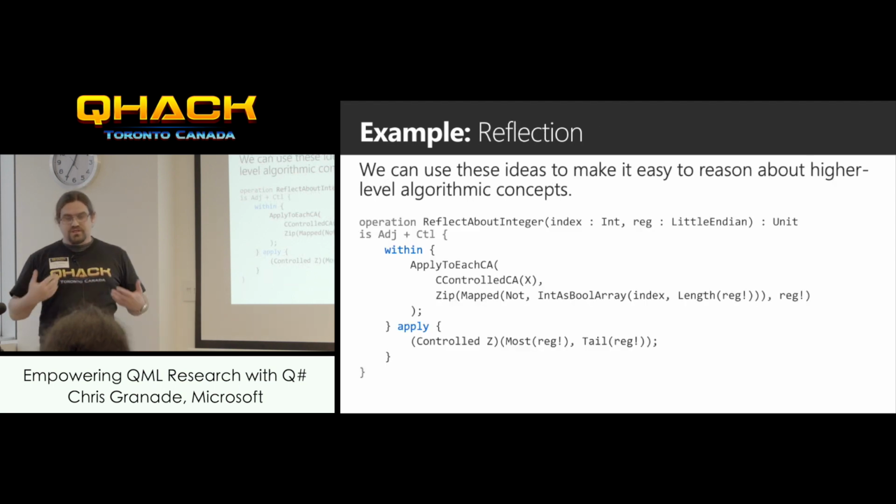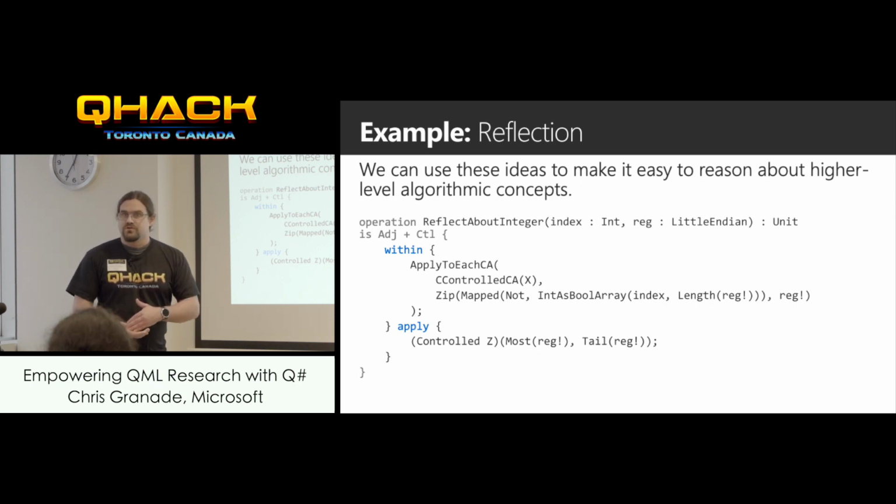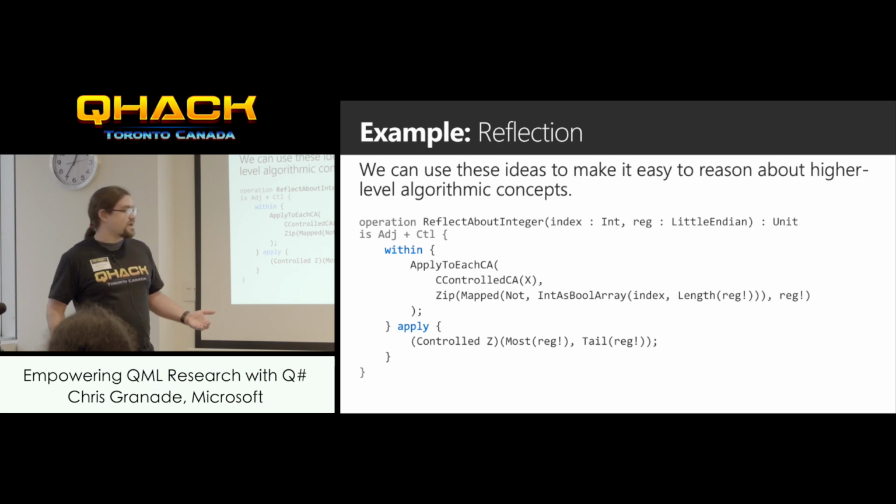This makes it really easy to think about higher level concepts as well. For instance, in the numerics library, we provide an idea of an integer and a quantum register so that you don't necessarily have to know how it's represented in that register. You just know that the state of that register is labeled by an integer.